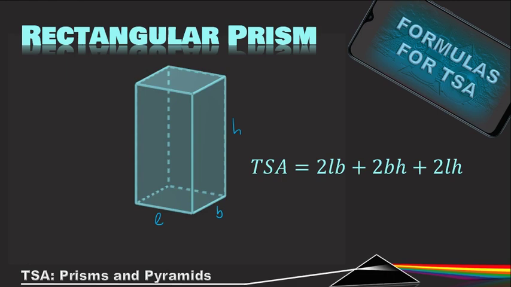And then breadth times height, this is going to be the side, and there are two identical rectangles, the left hand and right hand side. And then lastly, the length times height is the front area and the back area, which is also identical, so we just multiply it by 2.